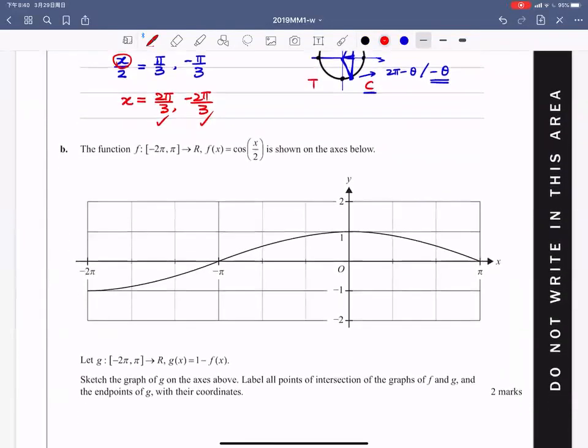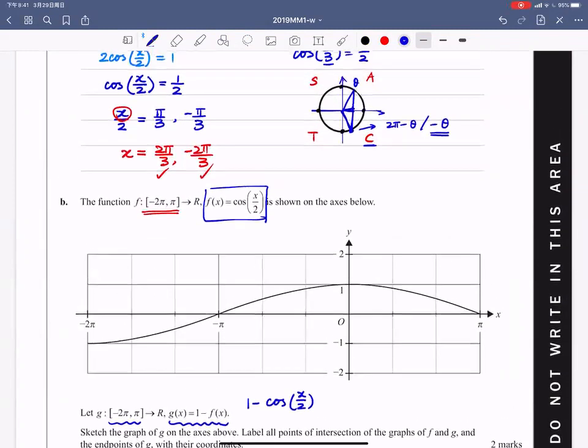The function, all right, minus 2 pi to pi, that's my domain. And here I have this one, cos half x. Let g be a function on the same domain, but with the different rule 1 minus f of x. So this is 1 minus cos half x.